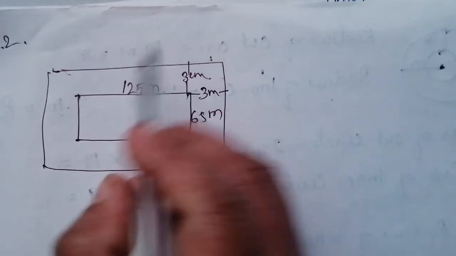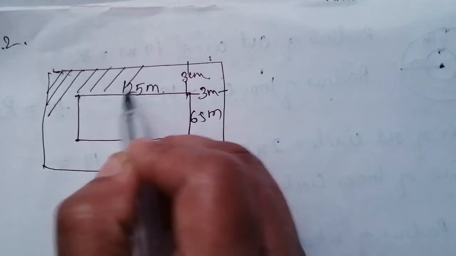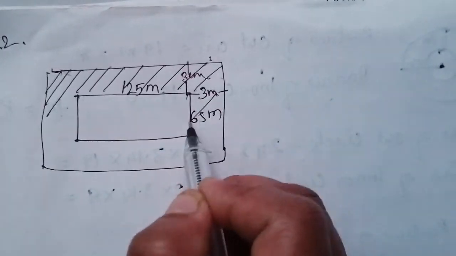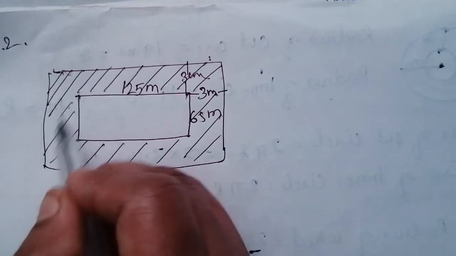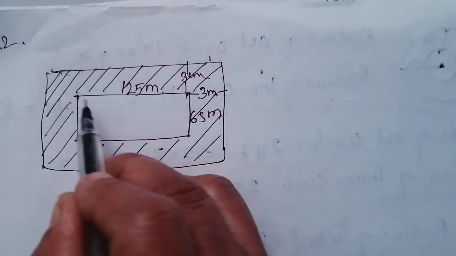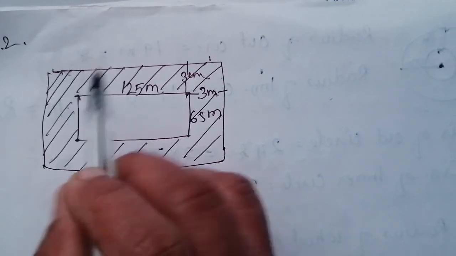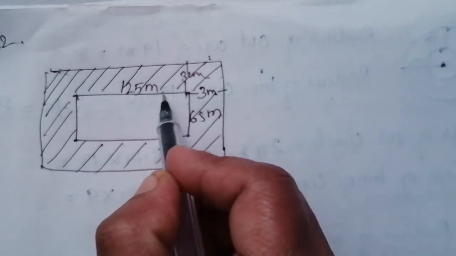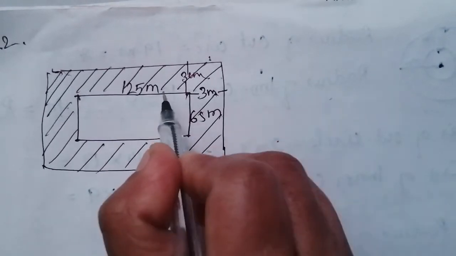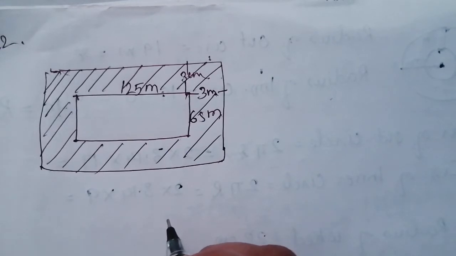First of all, you have to find the area of this path. To find this, you have to find the area of the garden park, then the area of the garden with the path, and if you subtract, you will get the area of this path.